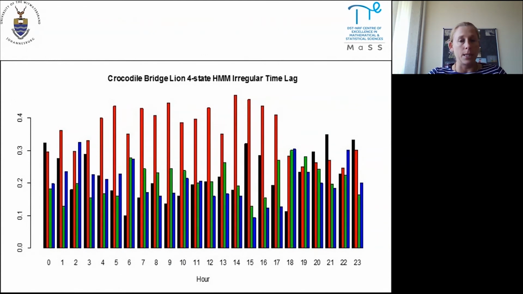We were able to take the hidden Markov model that requires regular time steps and modify the likelihood function. Statistically, we were able to fit the model. We now need some work in terms of the actual interpretation of these states.